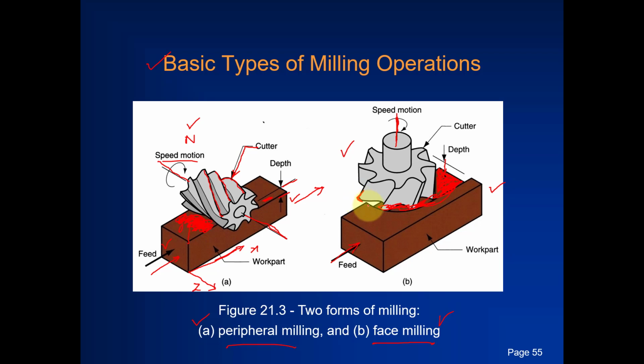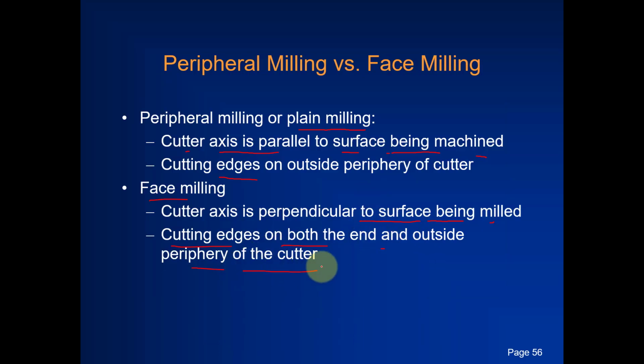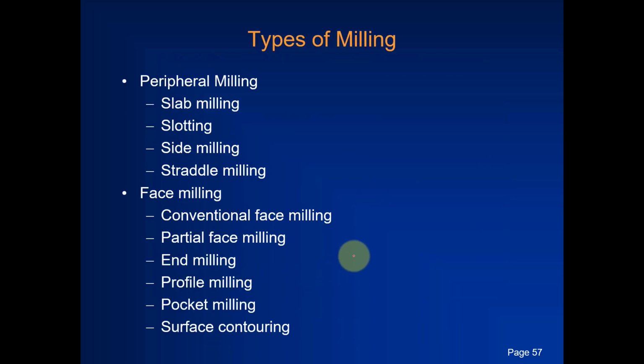Because the lower portion will remove the lower surface, and if the side is in contact with the wall of the workpiece, it will also remove material. So in peripheral milling, the cutting edges are only on the outer periphery of the cutter, while in face milling, the cutter edges are at the end as well as the outside periphery of the cutter.